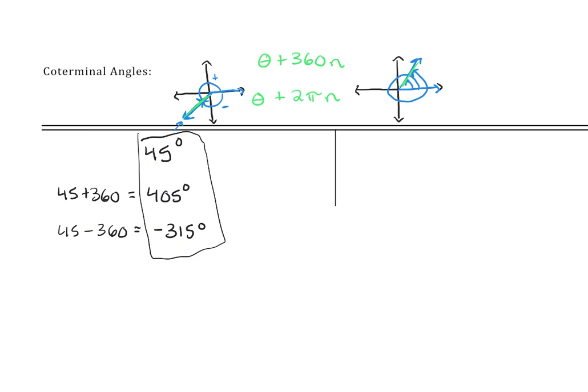And you can do the same thing if you are in radians. So negative pi over 3, we could do plus 2 pi, and we can do negative pi over 3 minus 2 pi. Then let's get common denominators.